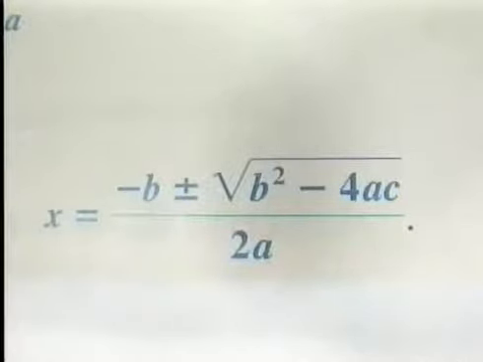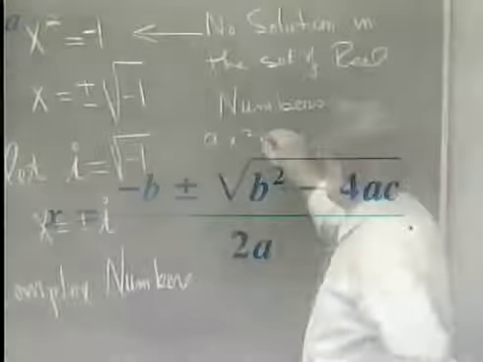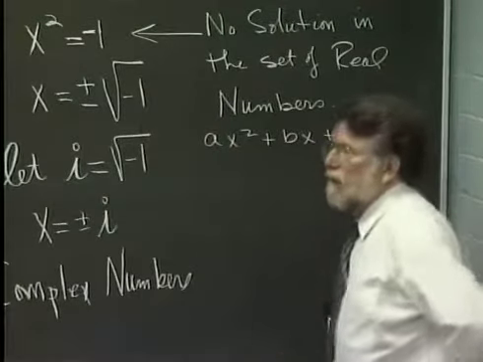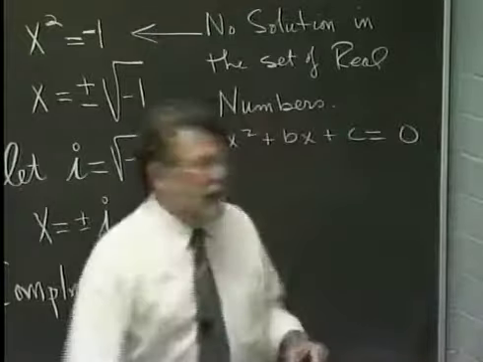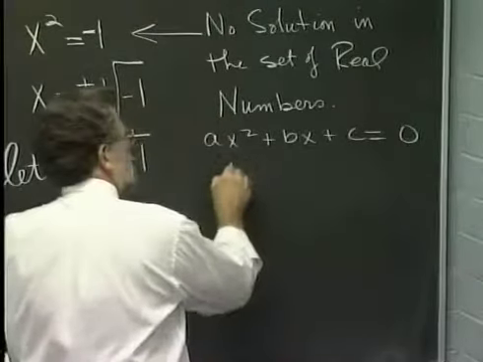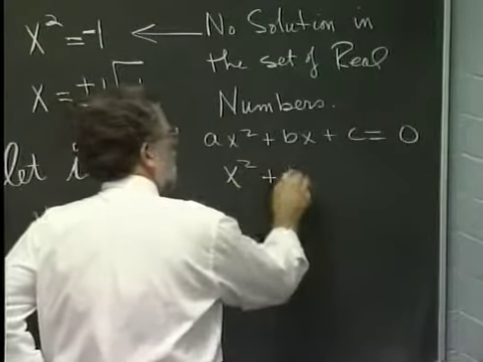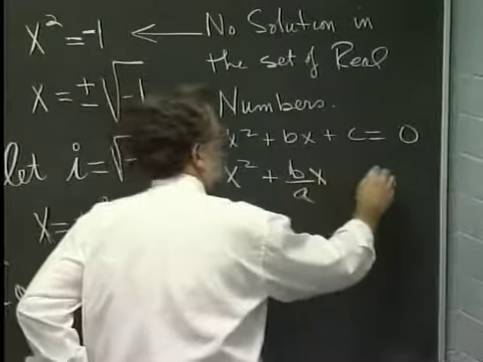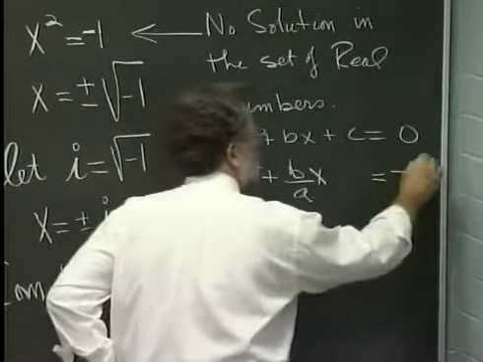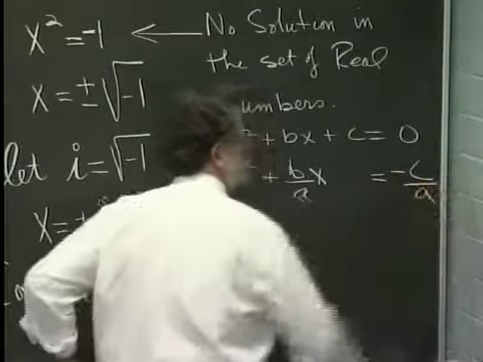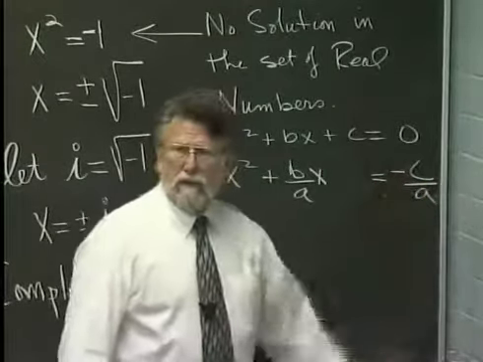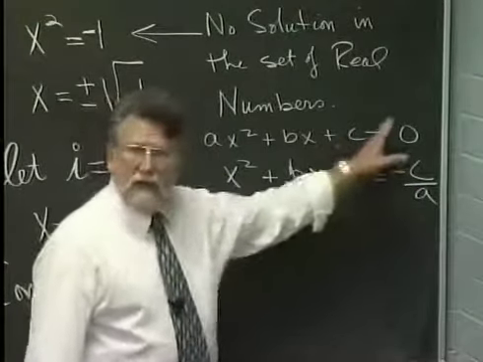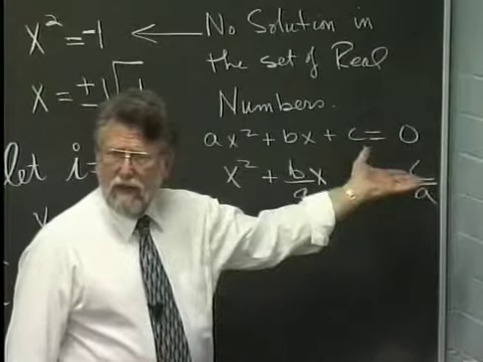I started with this, ax squared plus bx plus c equals 0. Then I divided by a, correct? So I'm going to have x squared, b over a times x, and I'm going to do 2 steps at once here. The minus c over a. C goes to the right side, it becomes negative c, and I divided by a.